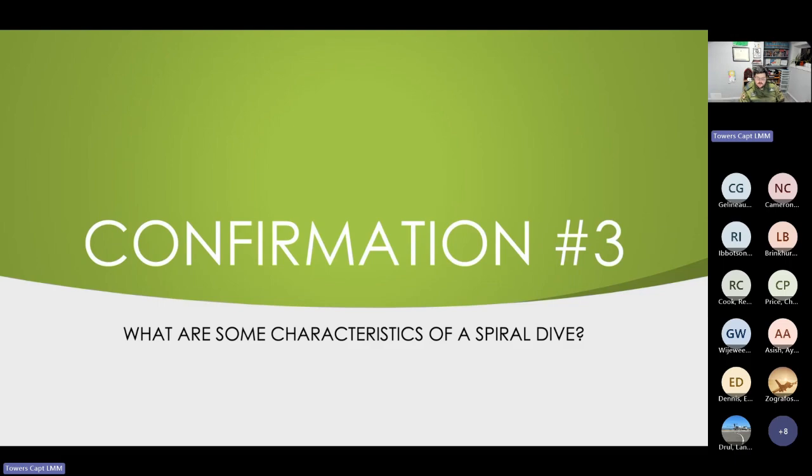Now, what are some characteristics of a spiral dive? Some characteristics might include increase in airspeed, decrease in altitude, and increase in load factor.